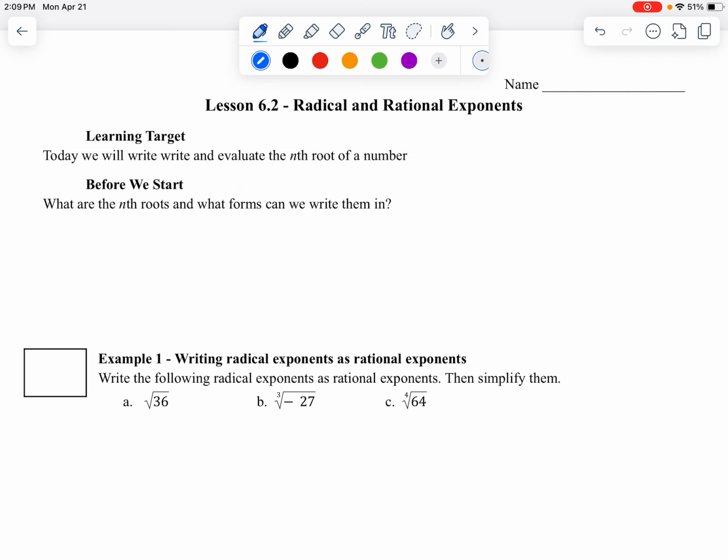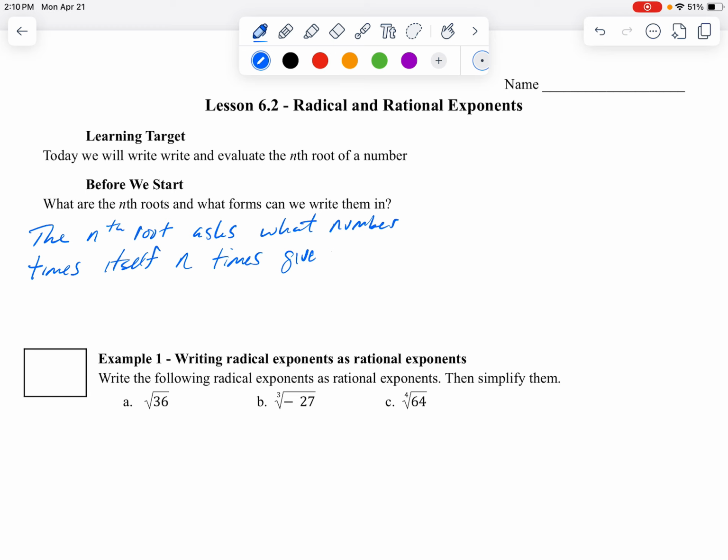And we might say something like this: the nth root asks what number times itself n times gives us another number. And specifically, we'll be looking for that number under the symbol.